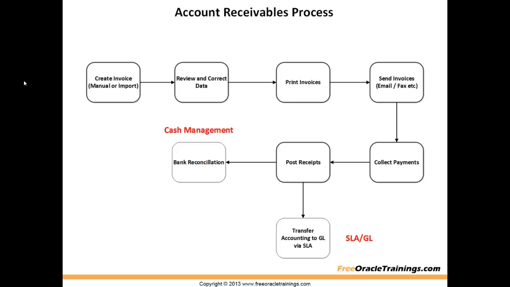I think it's a good idea at this point of time that we go into Oracle applications and I quickly run you through the functionality or the forms where you go about creating and processing each of these individual process flow steps. So let's go to Oracle applications.